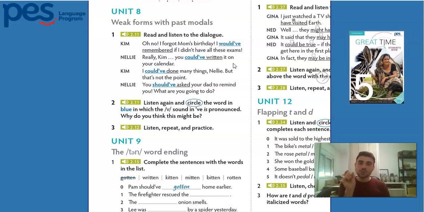It's easier to connect a consonant sound to a vowel sound. The two consonant sounds, they usually clash. It's difficult for us to produce this sound over here, okay? So, again, the reason why we can only listen and produce the v sound very clearly is in the last one here, should have asked, because asked starts with a vowel sound.